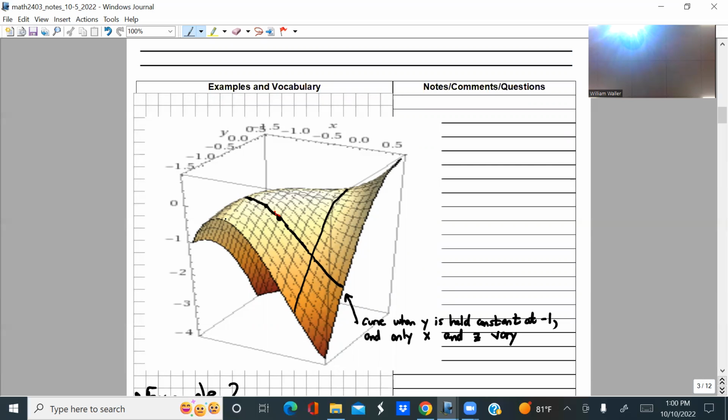Its variables are z and x. X is changing, and of course z is going up or down, depending on the x value. But the y, of course, is fixed at -1. So you get this curve. By the way, that's the same as when you set y equal to a constant. What you're doing is you're essentially intersecting a plane with your surface.